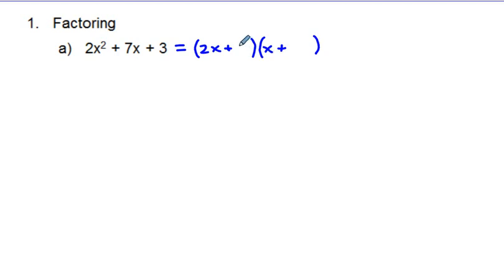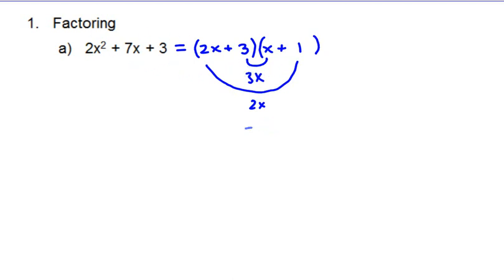We can put 3 and 1 here. Well, if we do that, we're going to get 3x, and then 2x times 1 is 2x. So this is going to be added together 5x, which doesn't match our 7x. So these aren't going to work.